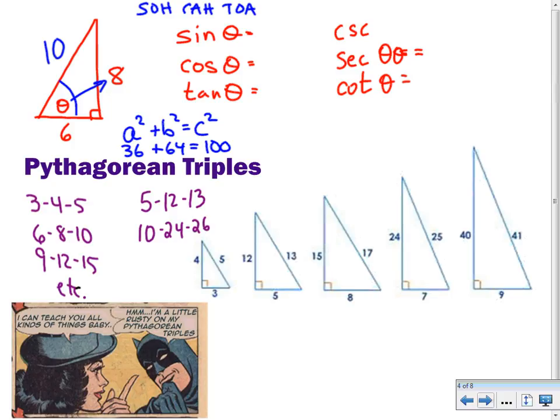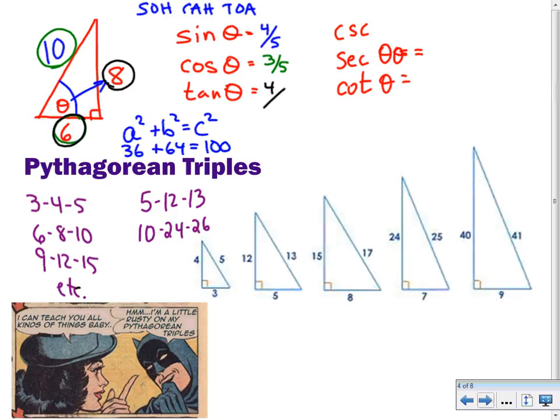So we use that information. The sine is equal to the opposite over the hypotenuse. We'll simplify 8/10 as 4/5. Cosine is equal to the adjacent over the hypotenuse, and we'll simplify that as 3/5. And tangent is equal to, use another color here, opposite over adjacent.